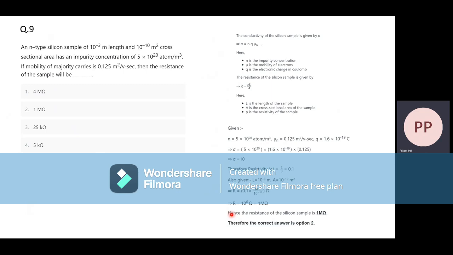L is 0.001 meter and the cross-sectional area is 10 power minus 10 meter square. If we plug the values into rho L by A, we end up with a resistance equal to 1 mega ohm. Hence the resistance of the silicon sample is 1 mega ohm, so the correct answer is option 2.